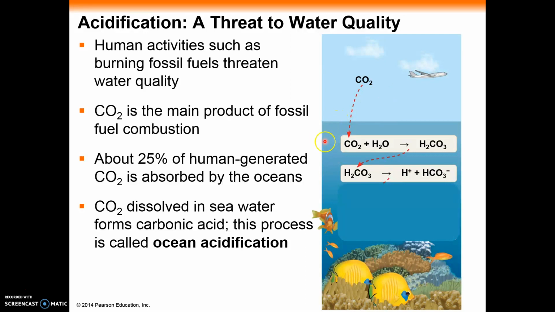Now, what happens when it gets absorbed? When CO2 comes into contact with water, it forms a new compound called carbonic acid. Carbonic acid, as its name suggests, is an acid, so it can ionize, producing a hydrogen ion and its conjugate base.